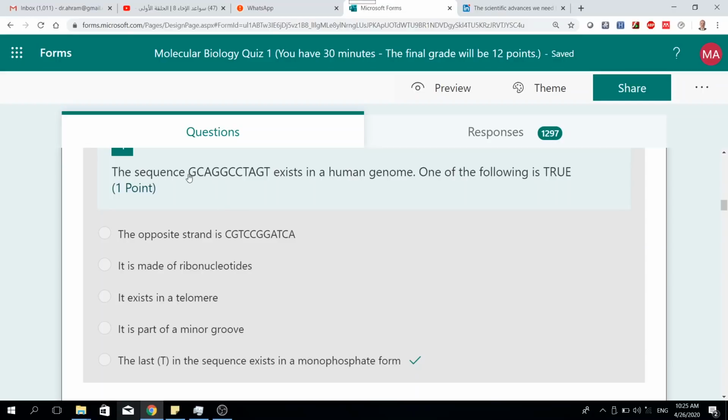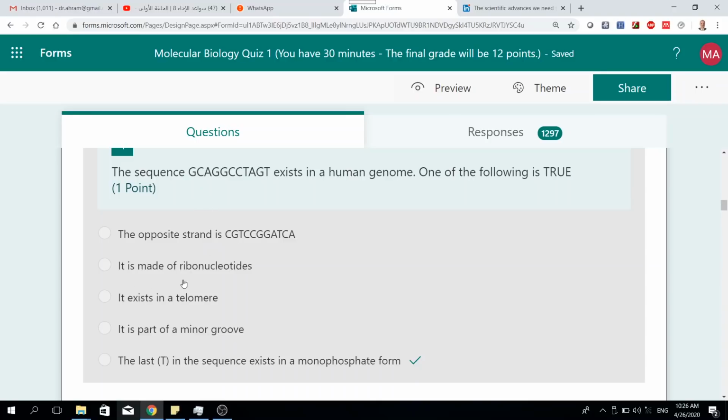I'm not indicating where the 5' and 3' ends are. So immediately you know that this is the 5' end, this is the 3' end. Look at the sequence. Again, there is no indication for 5' and 3'. So this is the 5' end, this is the 3' end. In order for this to be complementary, it has to be flipped. It has to be 3' here and 5' here. Otherwise, they're not complementary.